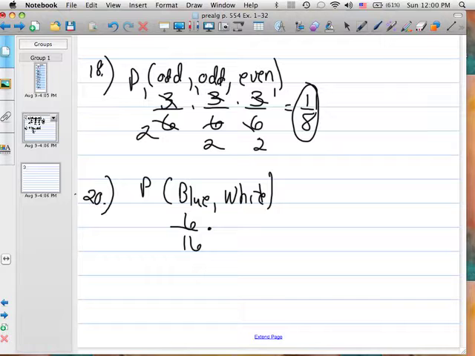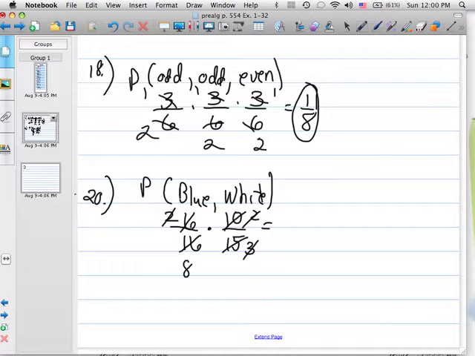So now there are still 10 white, but there's only 15 socks left. So 5 goes in there 2, and there are 3. 3 goes into 6, 2, and 2 goes into 16, 8, and 2 goes into 2 once, and an 8, 4. So it comes out 1/4.